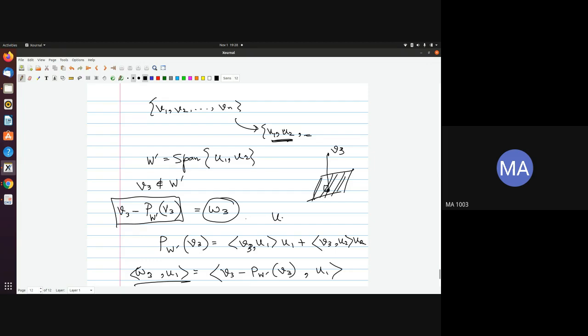And if I write U3 as W3 by norm of W3, I get an orthonormal vector with respect to U1 and U2. That's how we can move forward until at the end we come to Un. So I am getting an orthonormal basis from a given basis. Is it clear how Gram-Schmidt works?